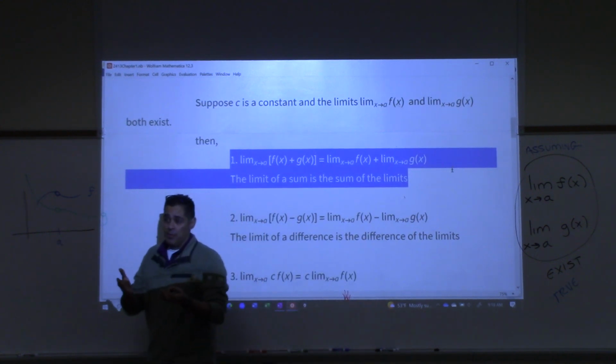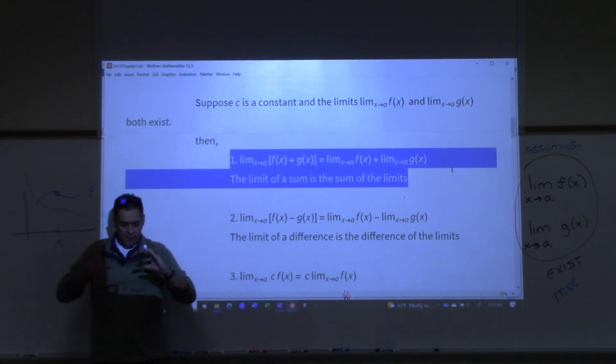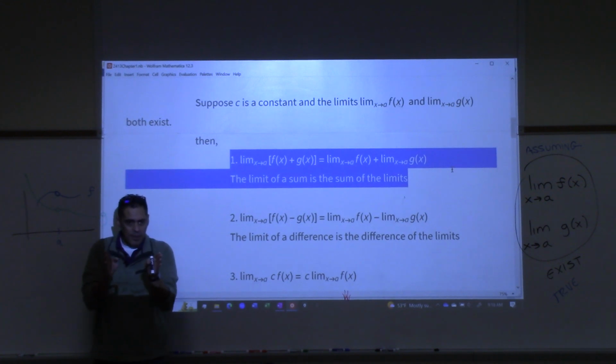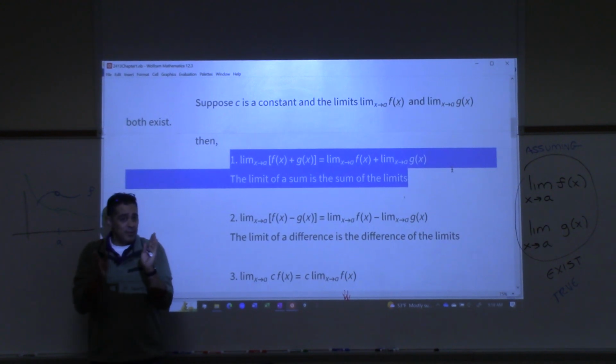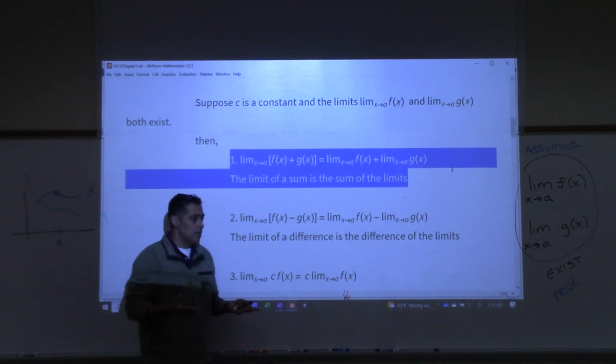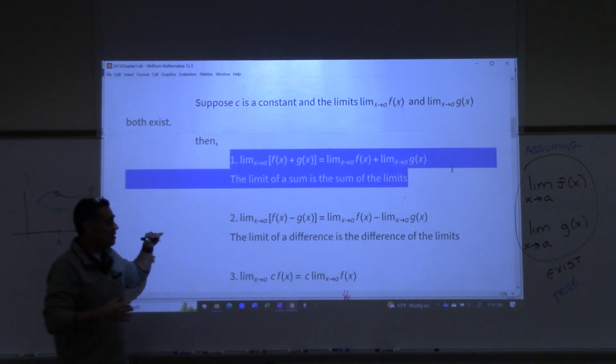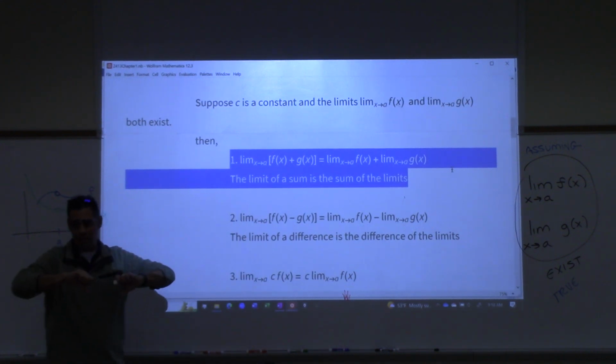All that means for you is this: if you have two things being added, and you want to know what happens as x goes to a, you can look at them individually. You're allowed to do that. Does it make sense that that should happen that way? I mean, like with addition, we can deal with each one separately. You'll have to see this as I do examples, but the law is at least establishing what is okay and what is not okay.